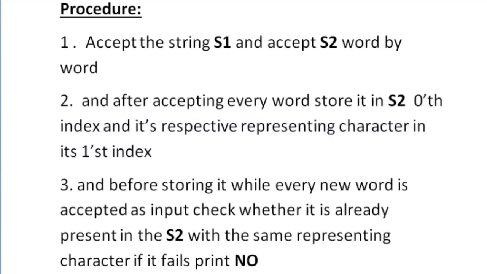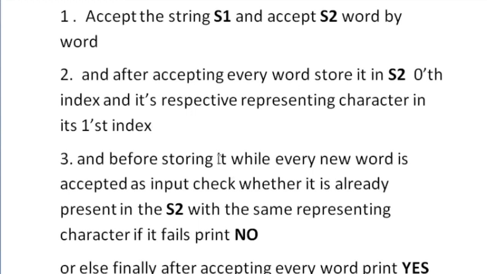Before storing, we check whether the word has already occurred, and if so, whether it is being referenced by the same character. If it satisfies the condition, we store the word and accept the next word. If it fails, we print no.